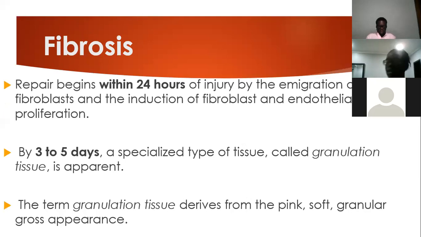So as soon as the injury occurs, there's migration of fibroblasts to the site. Then by 3 to 5 days, you have a specialized type of tissue called granulation tissue.